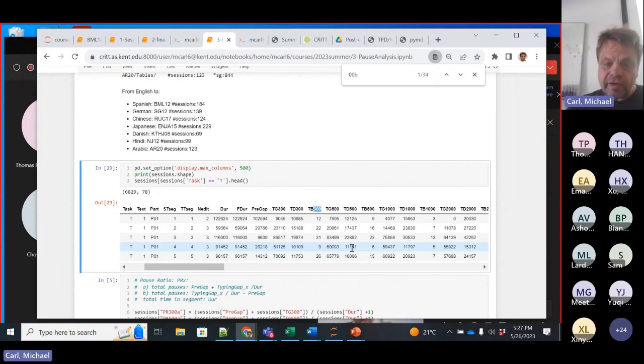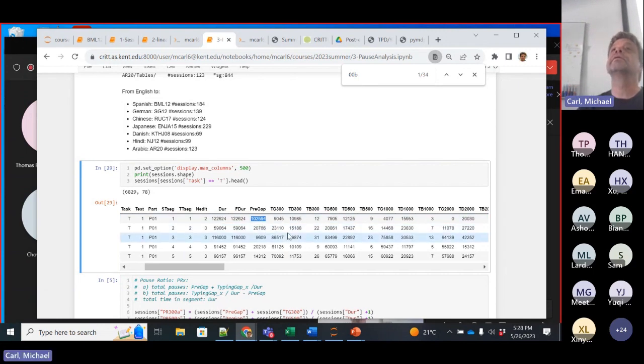So there are 12 translation bursts, and the duration of these 12 bursts is altogether 10 seconds. The pause between the bursts is almost 9 seconds here. And this pre-gap is the pause before the first typing burst in that segment.